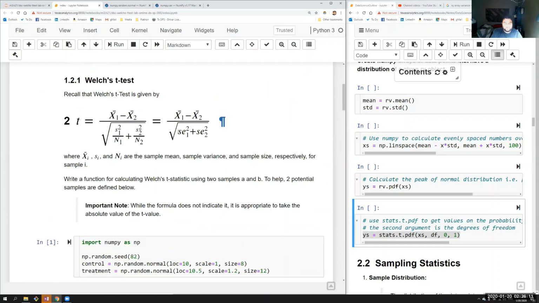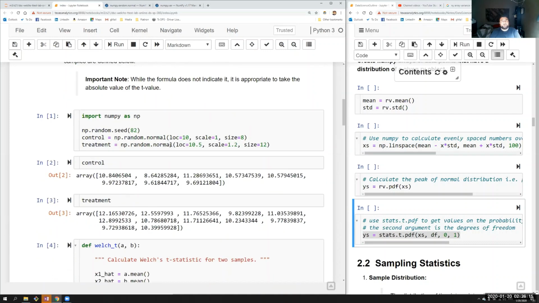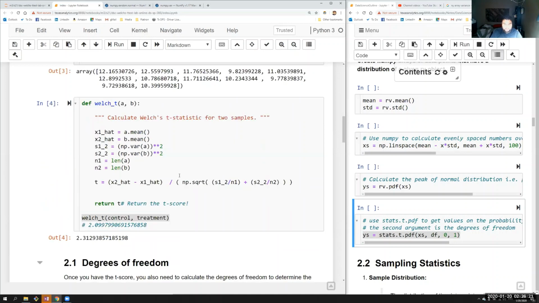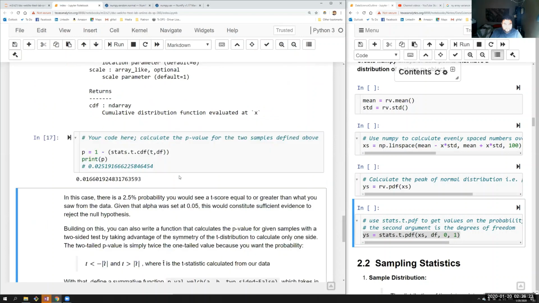So, okay. So the t-value will be both. We're just going to use it twice. And then the v will also be the same. So let's see.